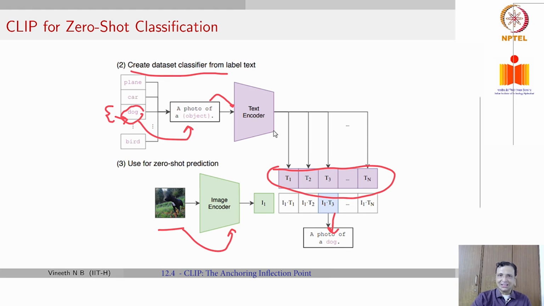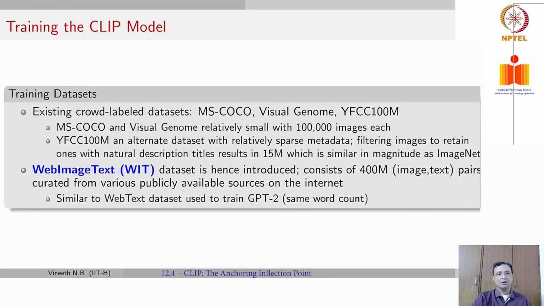Obviously, this has to mean that the model was originally trained on large amounts of data. That's when it can scale to new labels. And this is something we'll talk about in the next few slides as to what data sets they used to train CLIP.